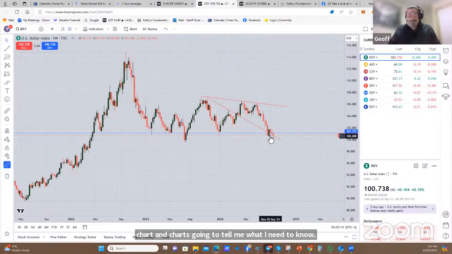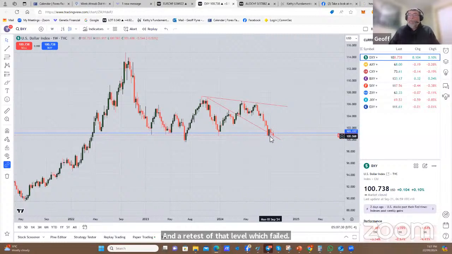What I see here is a bit of a mixed bag, but primarily I'm looking at a break of the support level on the dollar index and a retest of that level, an attempt to go back above that level which failed.